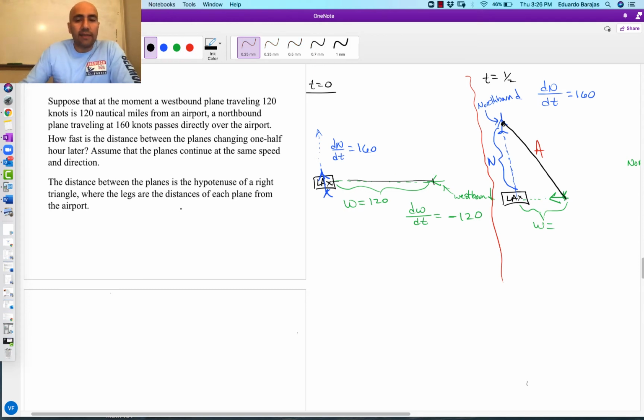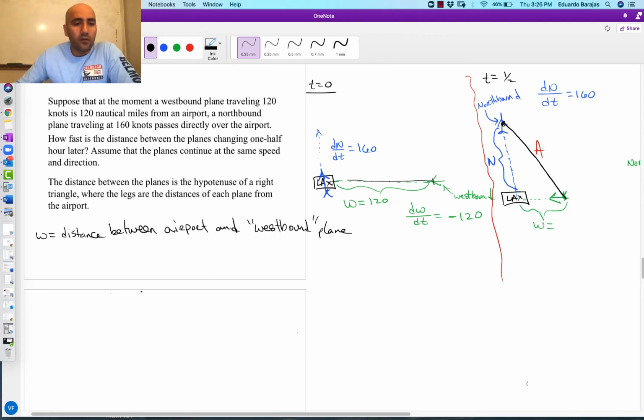So let's label some of our variables to be sure of what all these things represent. So W represents the distance between the airport and the westbound plane at t equals 0. We've established that W equals 120.